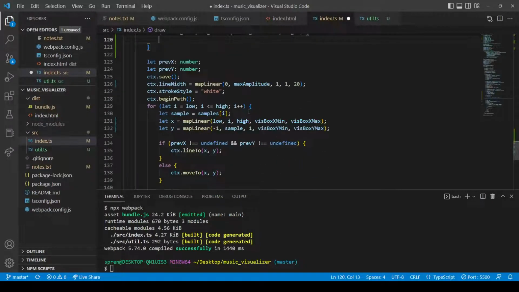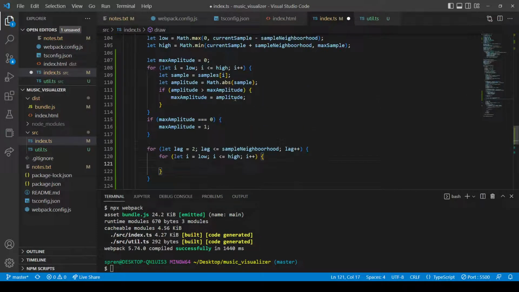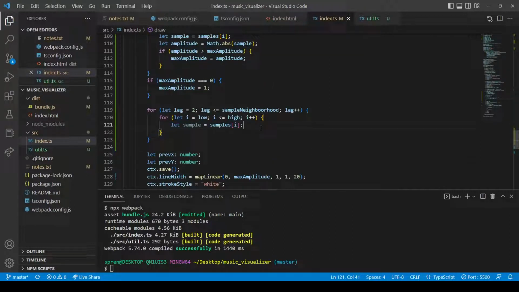So for each lag, I'm going to iterate over all the samples in our window. It doesn't matter what the max amplitude is, because we're comparing a bunch of different lags, but it's all over the same window, so it's already normalized in a sense, if we're just trying to pick the least.